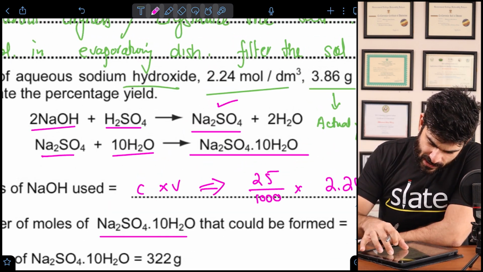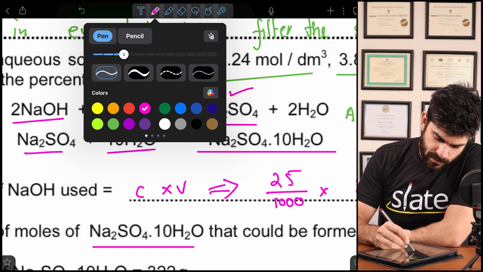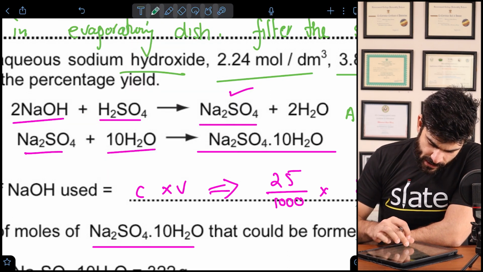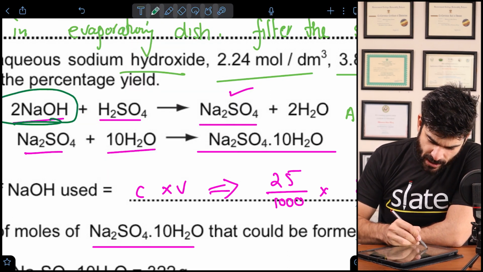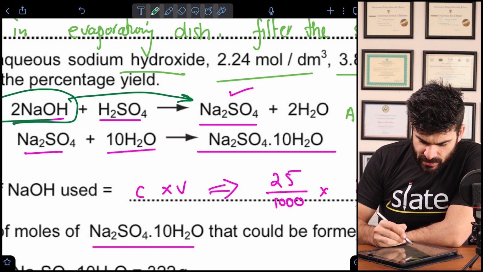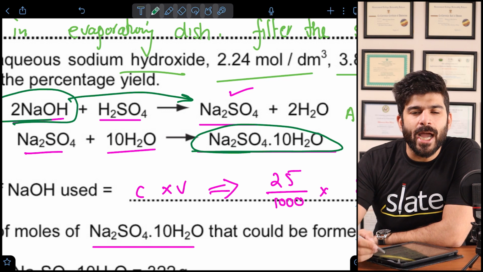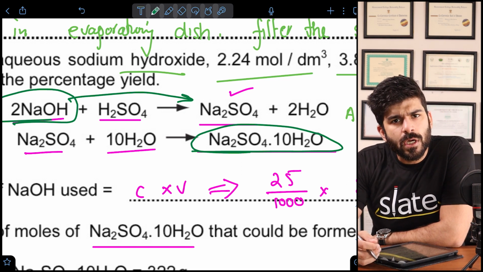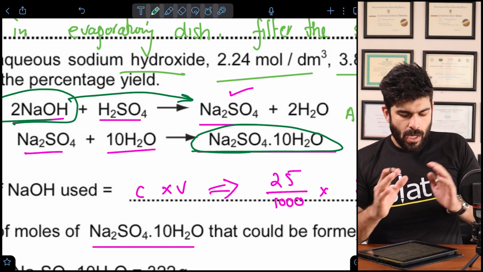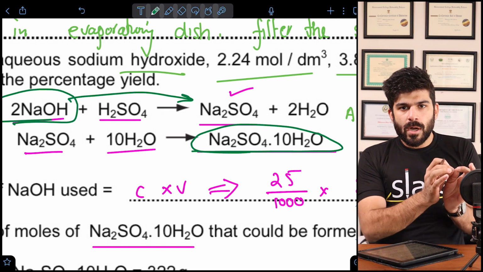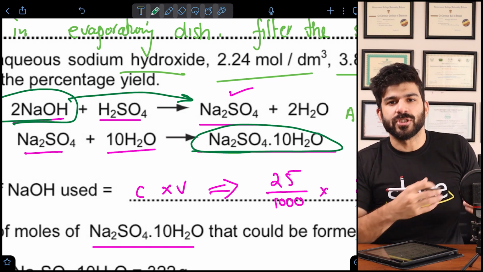Now, the maximum number of moles of sodium sulfate crystallized salt, which is decahydrate, that could be formed. Let's look at the equations. Obviously, we have calculated the moles of sodium hydroxide, but that's in a different equation, and the crystallized salt, the hydrated salt, is in a different equation. What will we do here? We need to make a relationship.